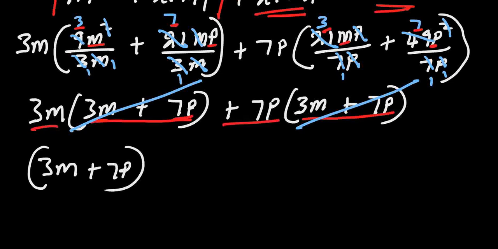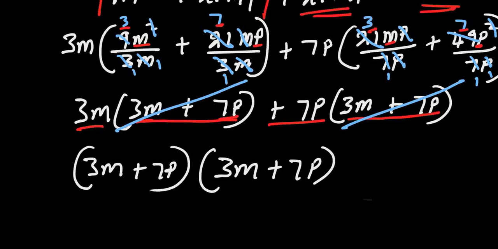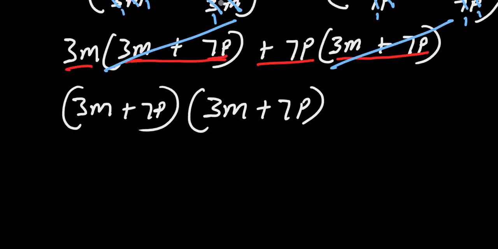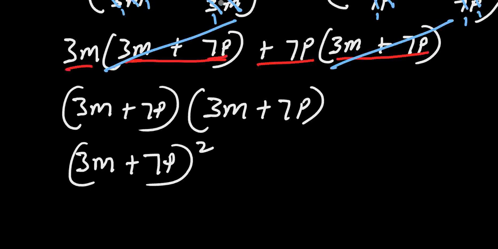So just put them in parentheses and bring them here, 3m plus 7p. So you can see that you have the same value, which can now be written as 3m plus 7p squared.